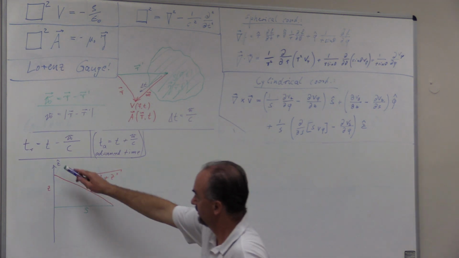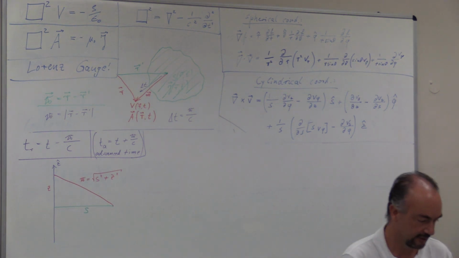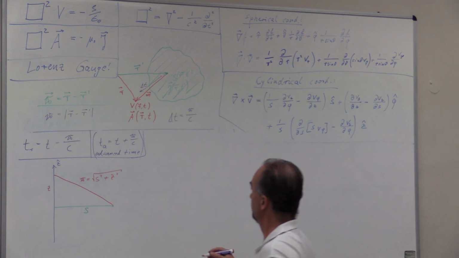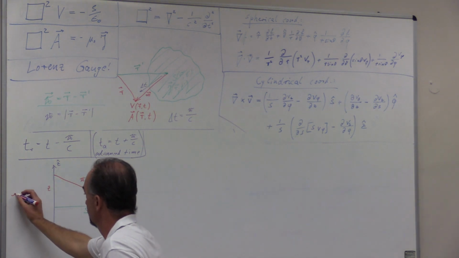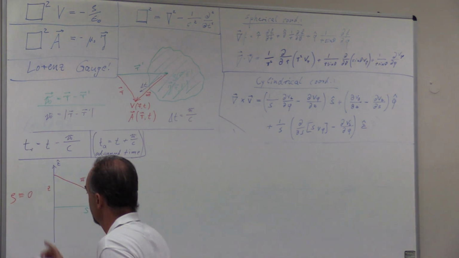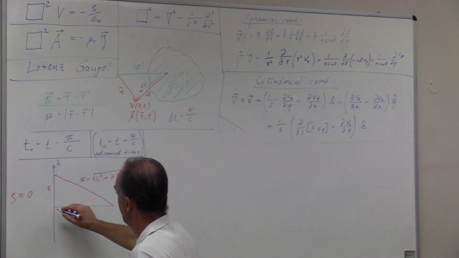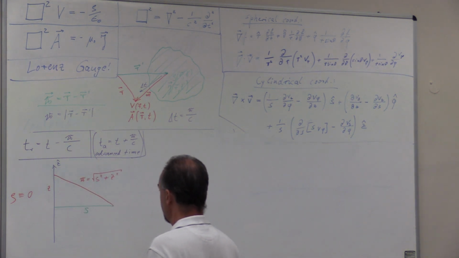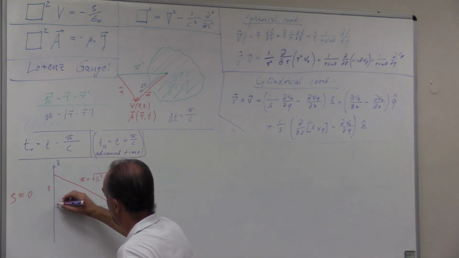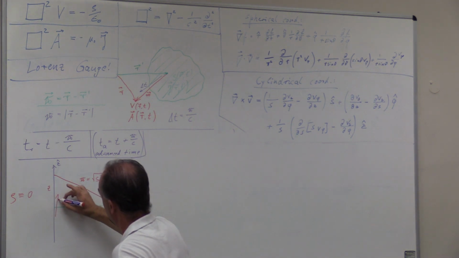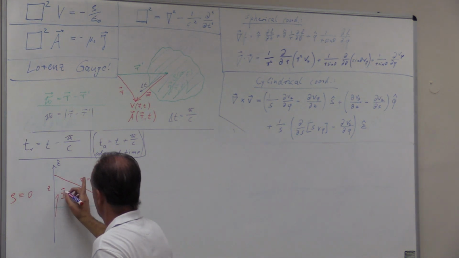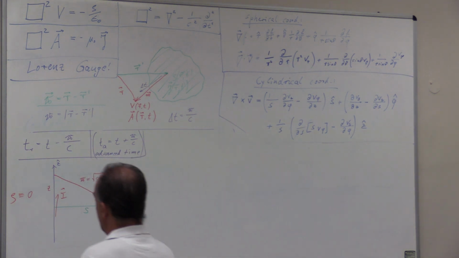So there's no net charge here, so we have charge density always 0, but we're switching on the current at some point. So at some point there's the current I going here.